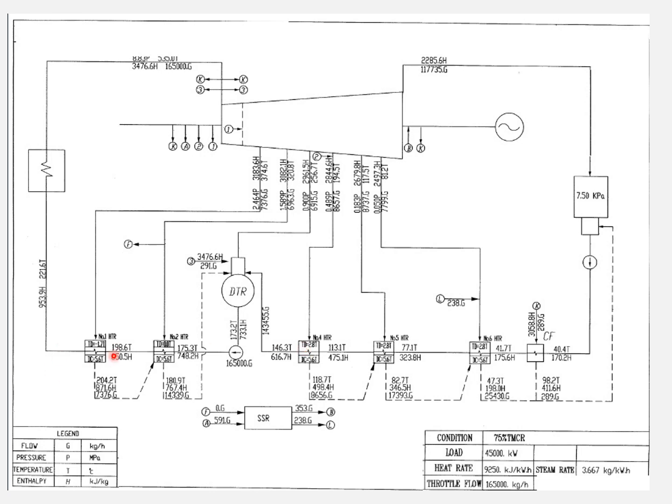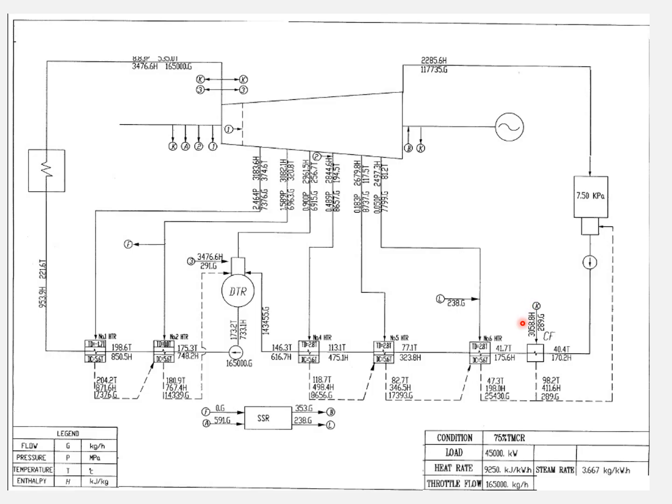Impact of all HTRs on plant efficiency, number 1, 2, 3, 4, 5, 6: preheating feed water reduces the energy required in the boiler and lowers fuel consumption. This is why, as I understand, this temperature is very important.